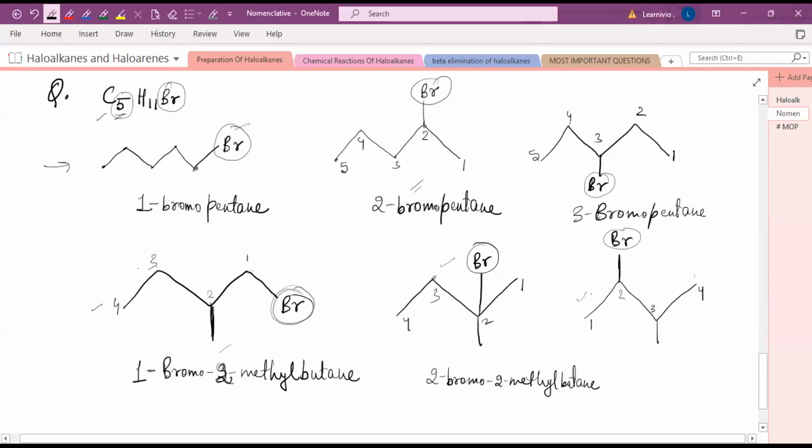So the correct numbering is 1, 2, 3, 4 from the left side. That's how you got the name. So it's 2 bromo, and on the third position is methyl. So 3 methyl, and 4 carbon chain, so it's butane.